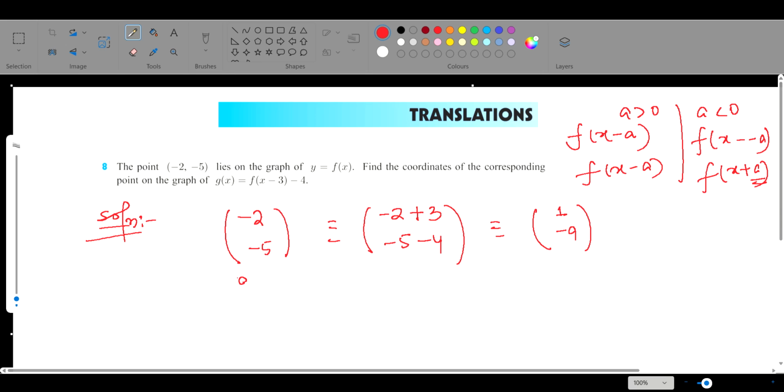If this is my f of x, then this is my g of x. Clear?